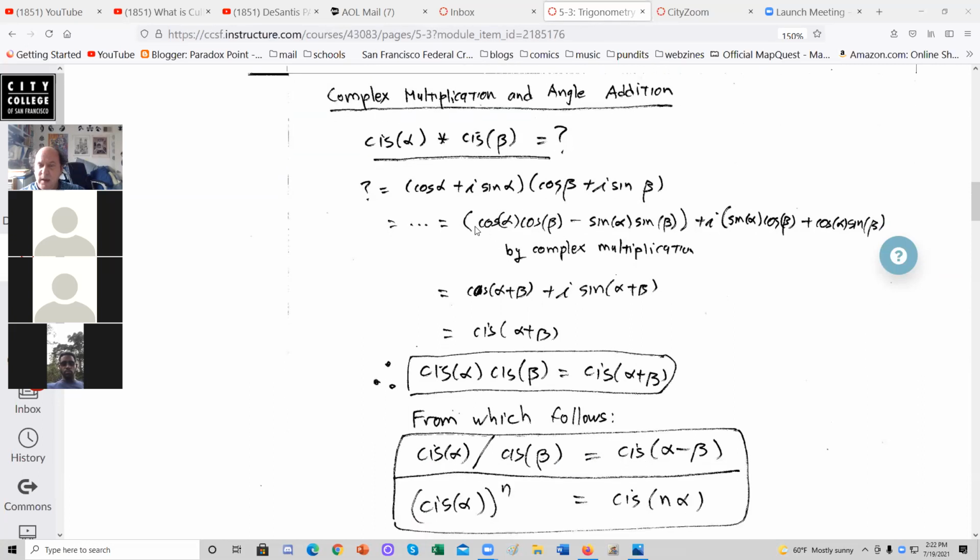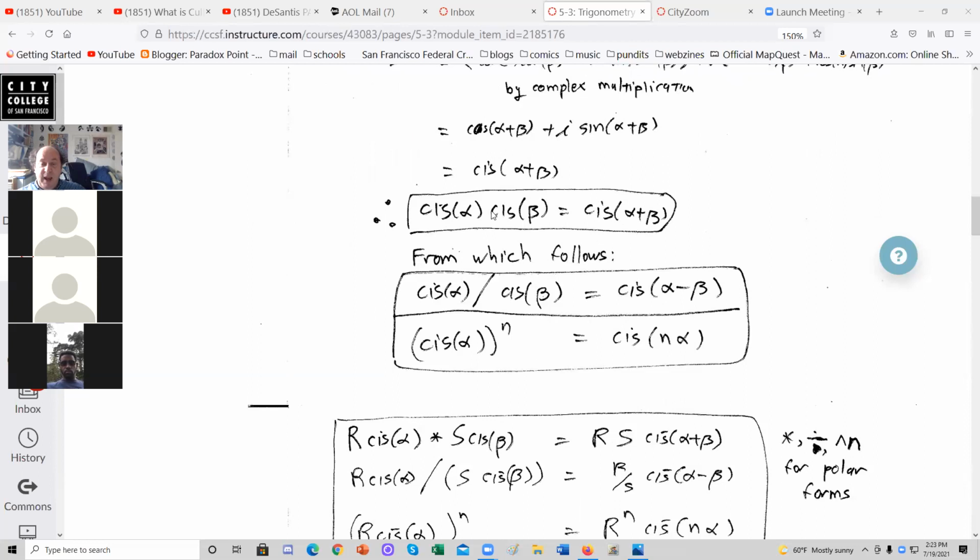Now this, if you look back a couple chapters, is the formula for adding angles with cosines. cos alpha cos beta minus sine alpha sine beta is cosine of alpha plus beta. And this, sine alpha cos beta plus cos alpha sine beta, is the angle addition formula for sine. It's sine of alpha plus beta. So you get cosine of alpha plus beta plus i times sine of alpha plus beta. So this is cis of alpha plus beta. So cis alpha times cis beta equals cis of alpha plus beta. Cis turns multiplication into addition.